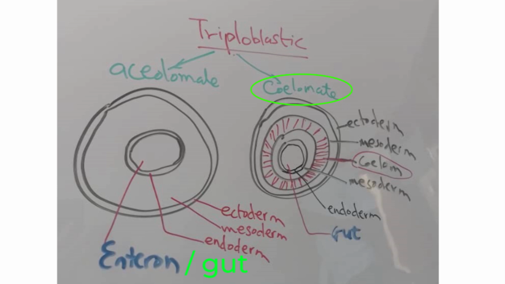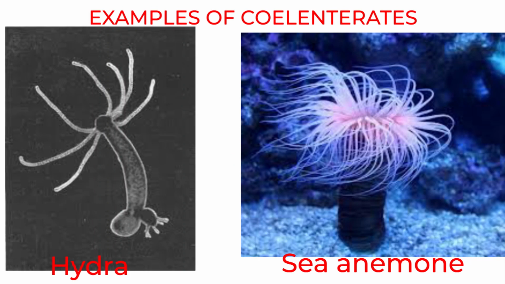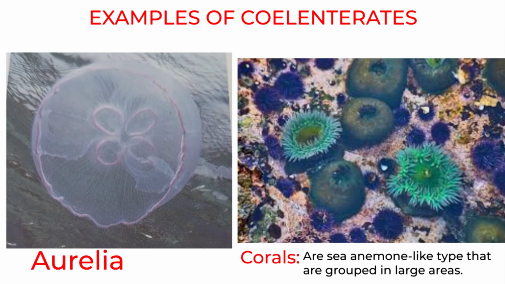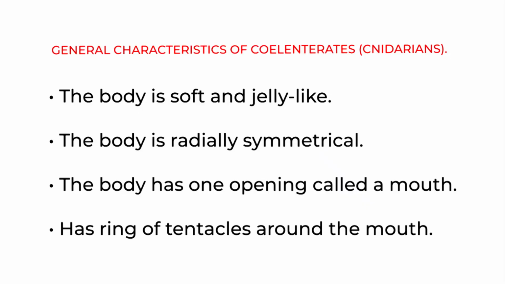Good. So now we want to look at the coelenterates, the phylum Coelenterata or Cnidaria. Look at examples of the coelenterates. The general characteristics of coelenterates are that the body is soft and jelly-like.